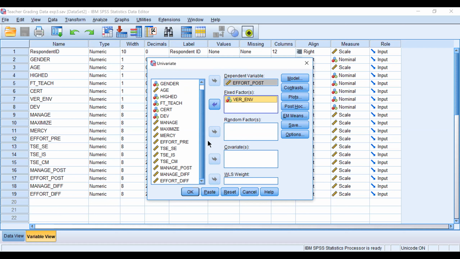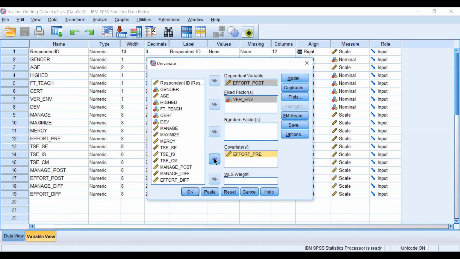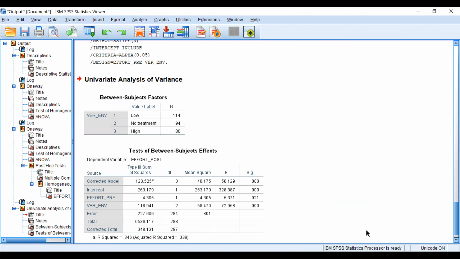And we have this box down here for covariate, and we're going to put in their pretest. Don't worry about random factors, and don't worry about basically anything else in here. So we're just going to run this analysis, but in this case, we are putting in their pretest as a covariate. So I will say okay, and then share the output screen with you.